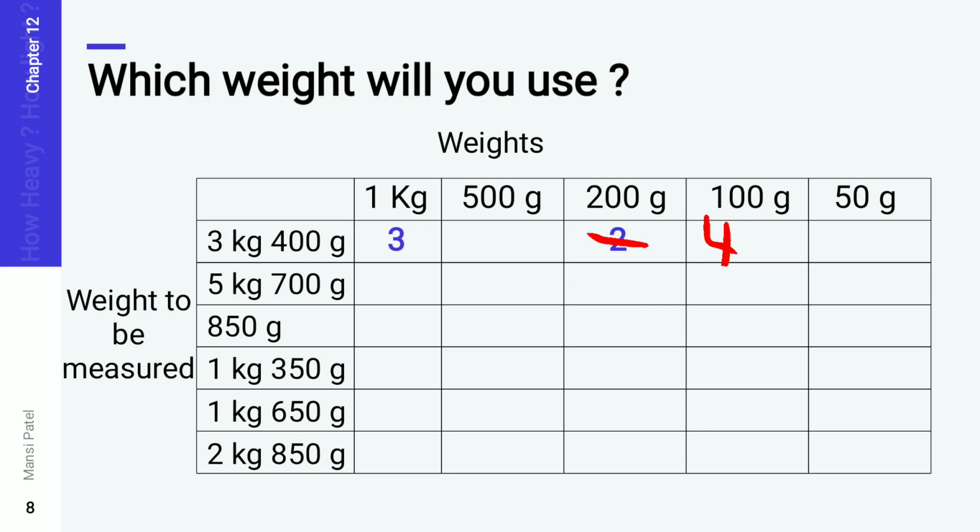Now again, if you don't want to use this 100 gram, then you have to think how many 50s are in 400. So we can say that 8 fives are 40, so you can take 8 units of 50 gram. Now these are all the different ways to make this measurement.